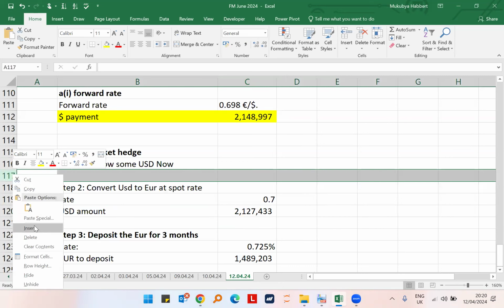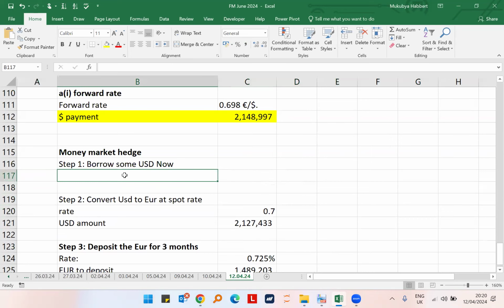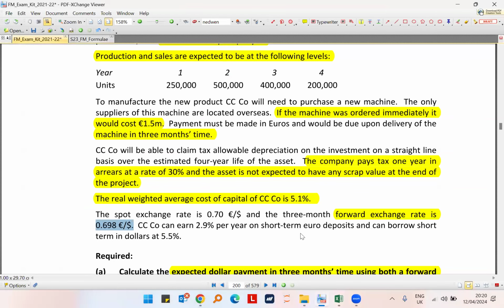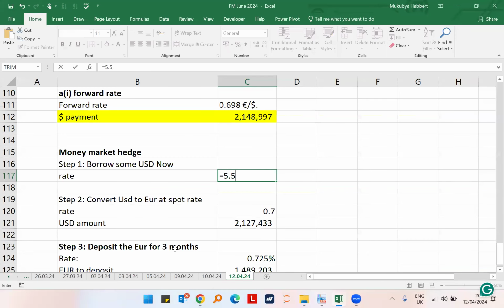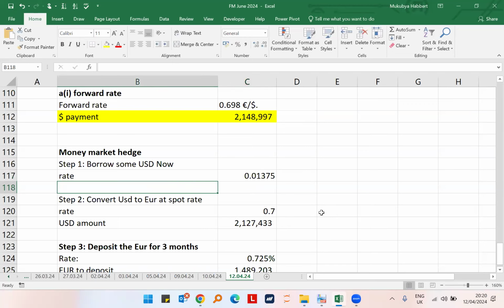So those are the dollars that I'm going to get, and since I don't have those dollars, I'm going to borrow. So the rate for borrowing dollars, they told us that it is 5.5%, but it's for 3 months. So we do 3 out of 12. It becomes 1.375%.